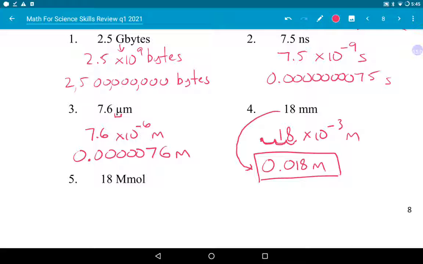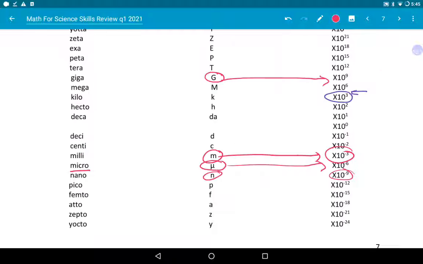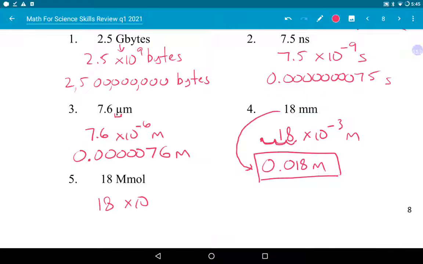Okay, let's say we're working with 18 megamoles, so it's 18 times 10 to the, you might have remembered this one, M is 10 to the 6, so 10 to the 6 moles. Okay, there's a decimal here. This isn't actually in scientific notation, but we have the power we need, and we can find that power from the prefix.